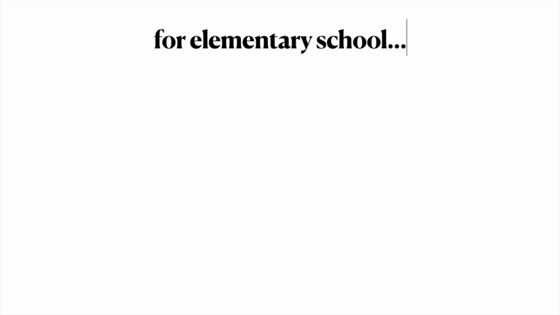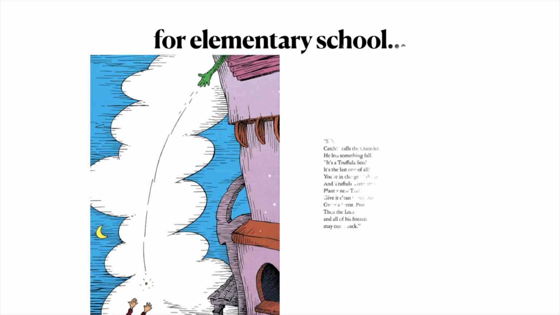Okay, so this first example will be for elementary school students. I'll use The Lorax. It's one of my favorite Dr. Seuss stories. For the purposes of this example, let's say you give the students this page printed out and you say, okay, you have the next 10 minutes to underline one sentence, one phrase, and one word that you think is most important from this page.